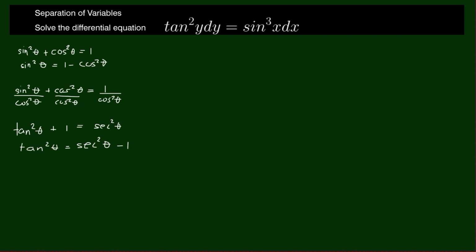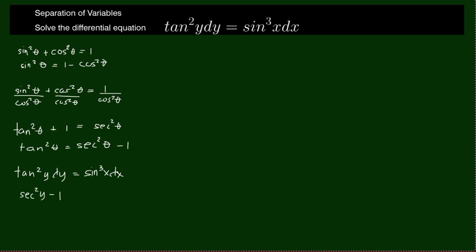Okay, so the differential equation: tangent squared y dy equals sine cubed x dx. Tangent squared of y is equal to secant squared y minus 1 times dy.